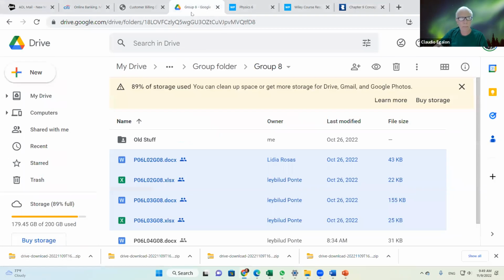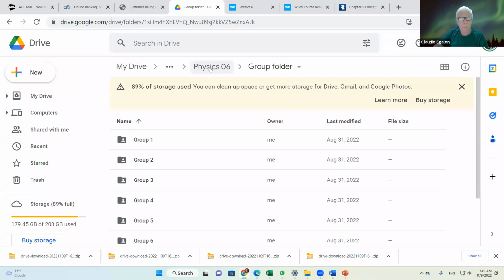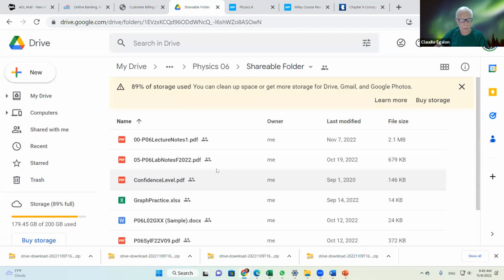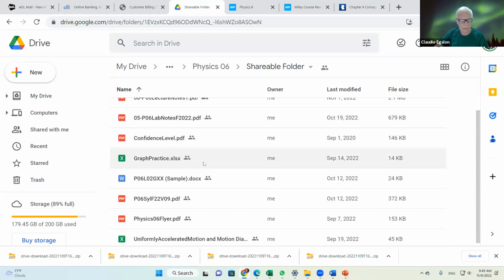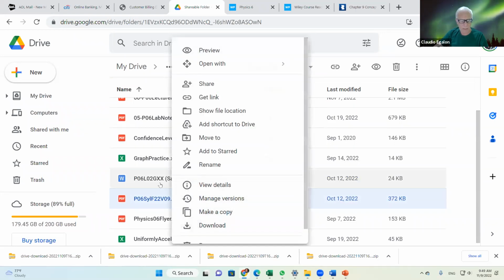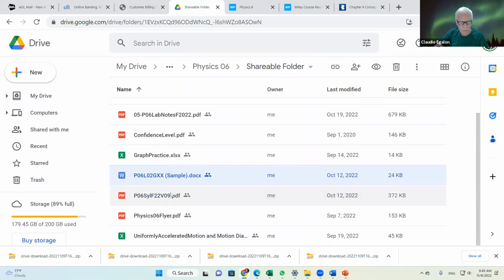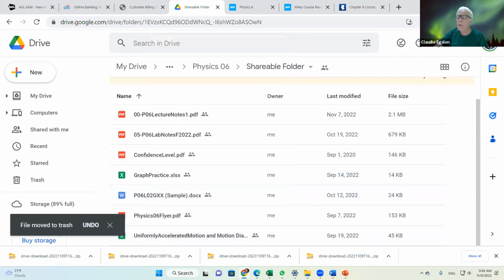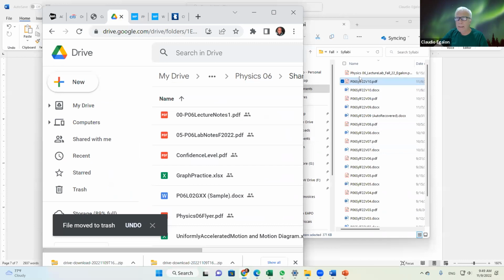And group, we go: group physics, shareable folder, lecture notes, confidence level. Good, I can erase that. And I will upload it right now.